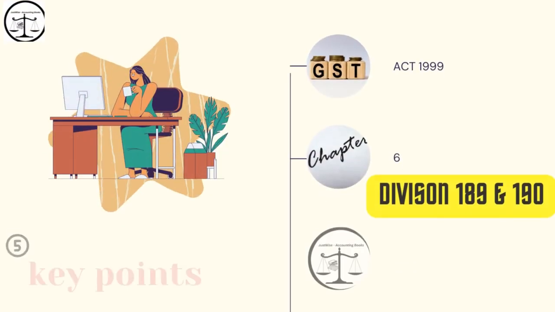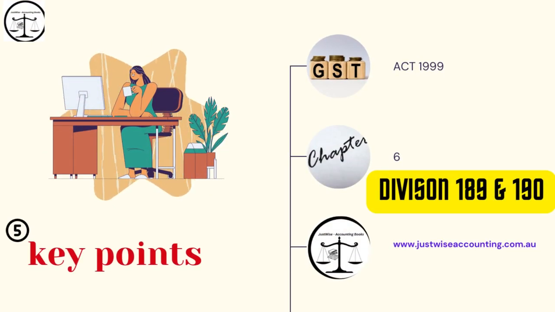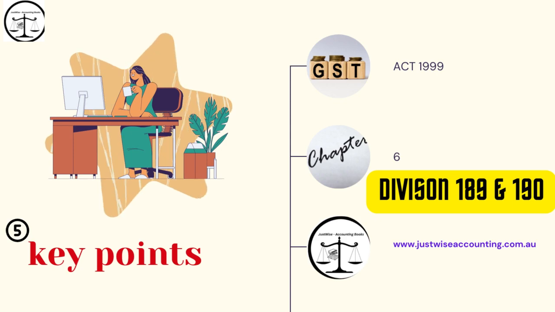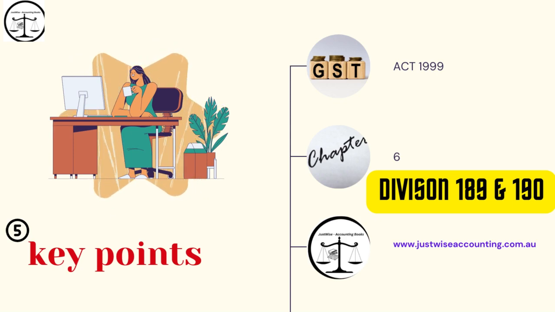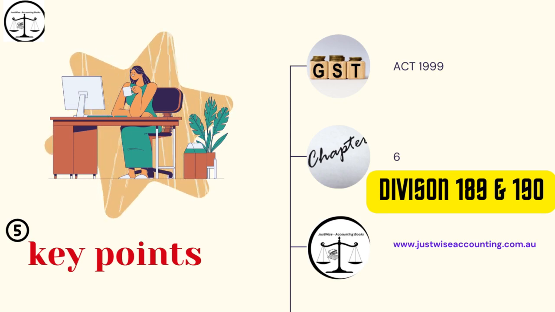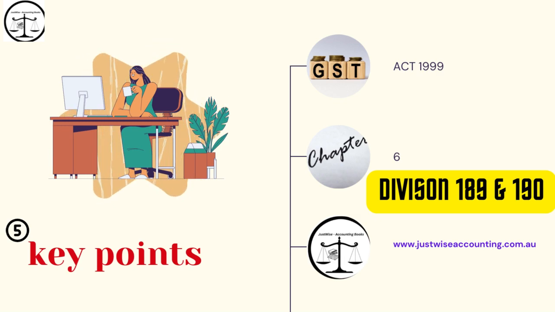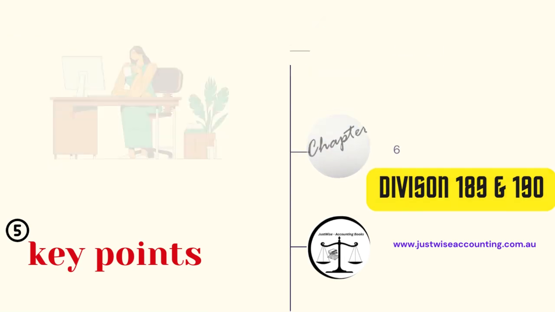Key points. Friends, at last, in fifth section about key points, let's have a look on some key points we gleaned from Division 189 and 190 of GST Act. 1.